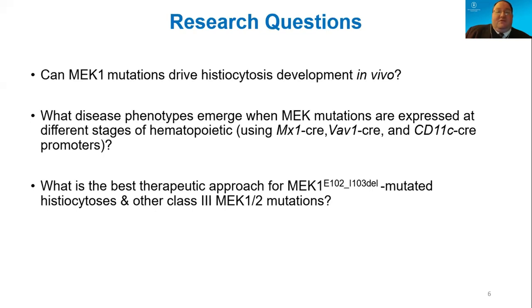We can express them at the early stages, such as with Mx1-Cre or Vav1-Cre, at the hematopoietic stem cell and multipotent progenitor levels, or at the more committed monocyte-dendritic cell progenitor level, under CD11c-Cre promoters. And then, what is the best therapeutic approach for MEK1 E203-deleted histiocytoses or other class 3 MEK1 mutations? There are several, and we have other patients in our cohort with class 3 MEK1 mutations who aren't responding that well to cobimetinib at this point.